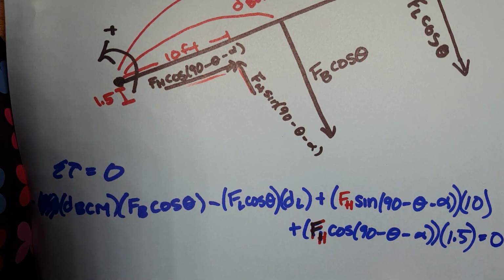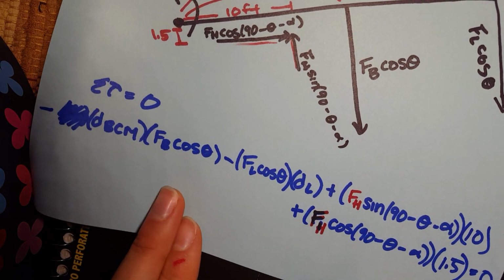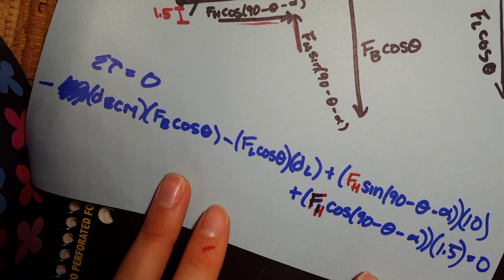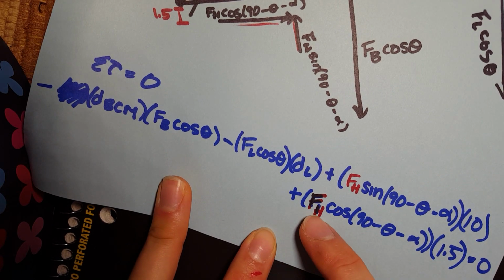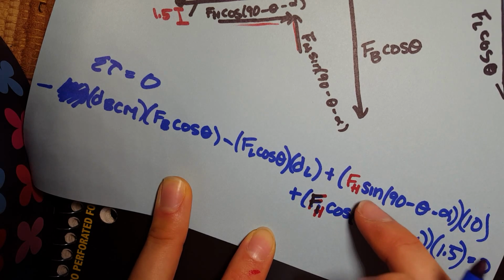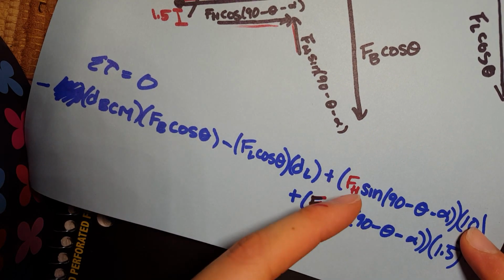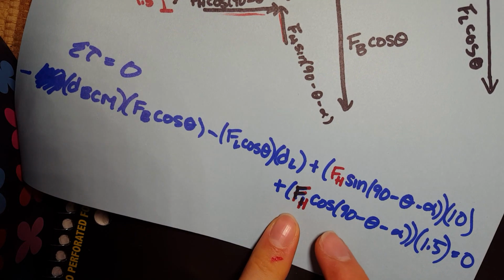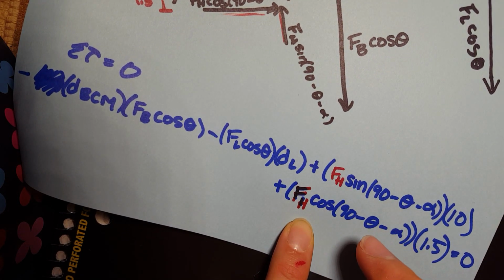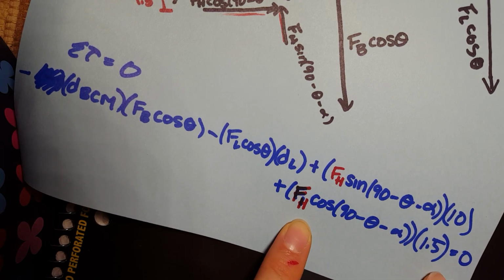So we're basically there now. So now you have your whole equation here. Let me kind of move it so you can see the whole thing. Okay, so you can factor out an FH here, and you'll have FH times parentheses: the sine of 90 minus theta minus alpha times 10, plus, inside your parentheses it's a plus, cosine of 90 minus theta minus alpha times 1.5.